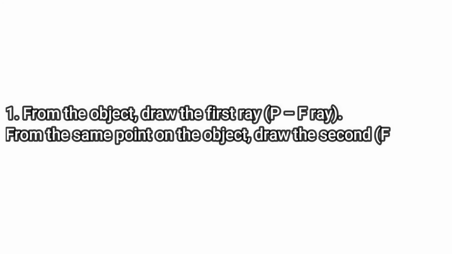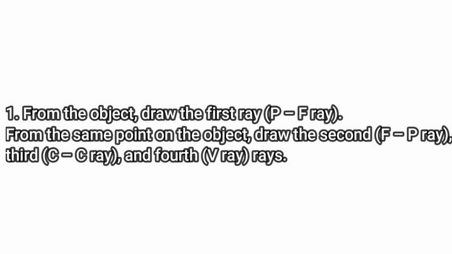Now, let's talk about how to apply these four principal rays in locating the image using ray diagram. From the object, draw the first ray, which is the PF ray. From the same point on the object, draw the second ray, which is the FP ray. Then the third ray, which is the CC ray.